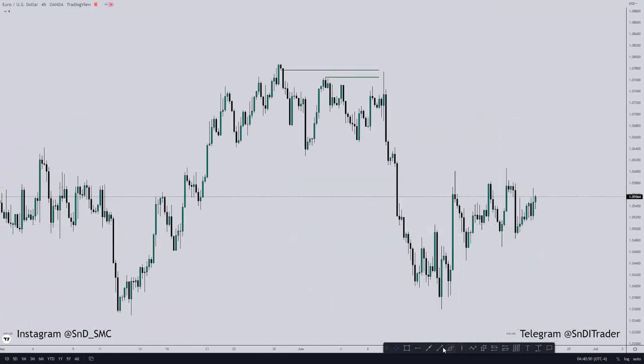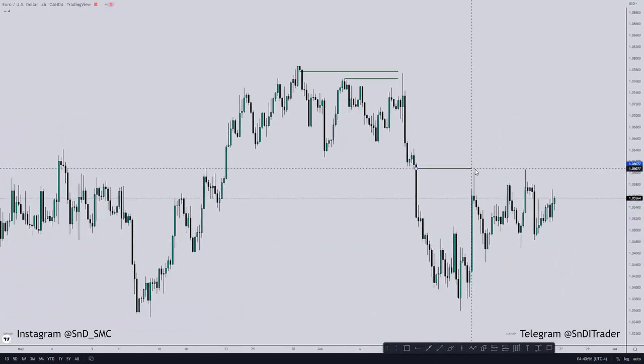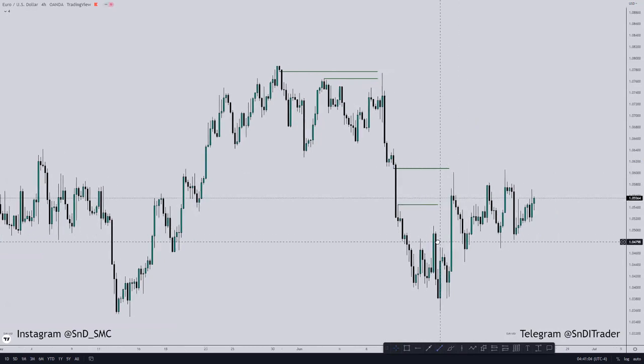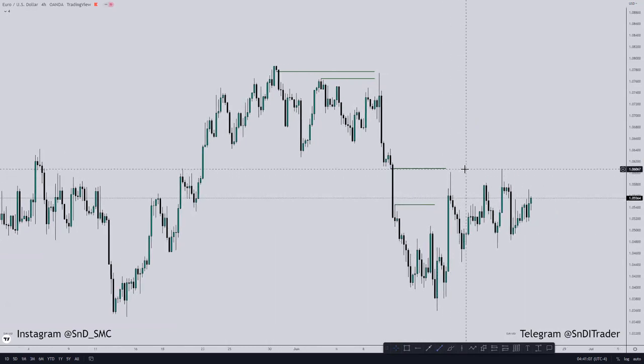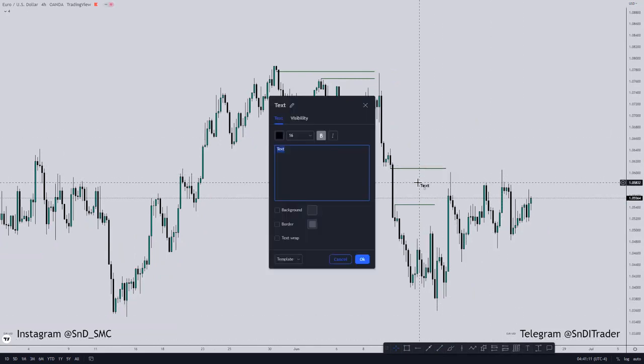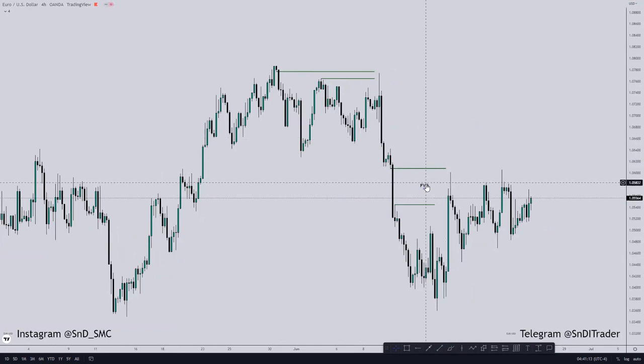Okay, so we had another fair value gap here from this wick to this wick. The market almost filled the fair value gap and dropped. So this will also be a fair value gap.